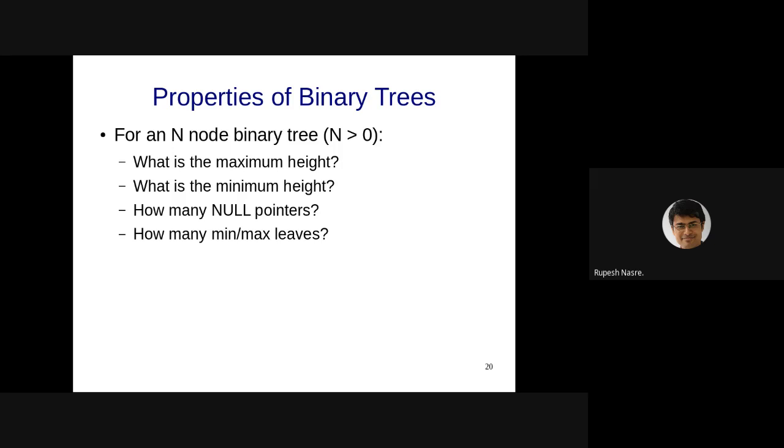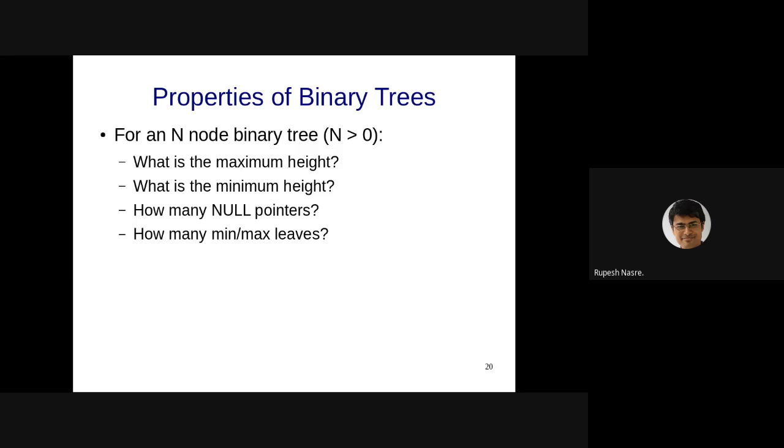Out of these, n minus 1 nodes are going to have a single parent, which means that out of these 2n edges, n minus 1 edges are gone, and what we are left with is essentially n plus 1. And therefore Murari's argument is correct that you will always have a fixed number of null pointers.